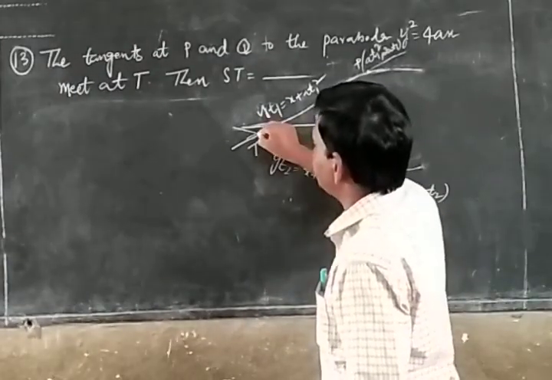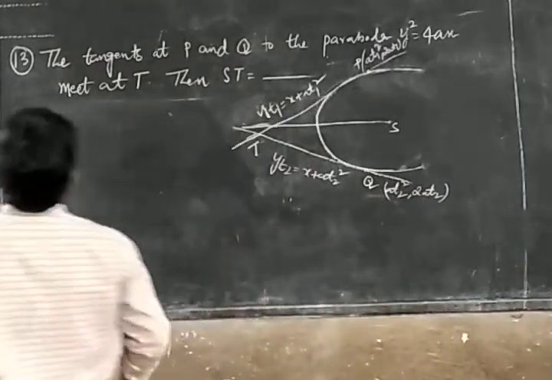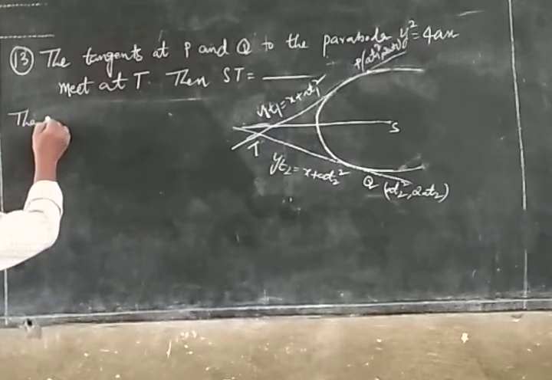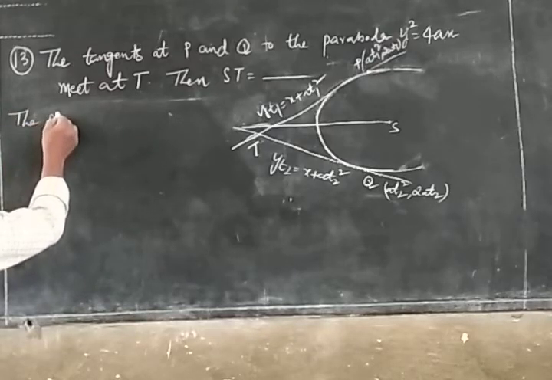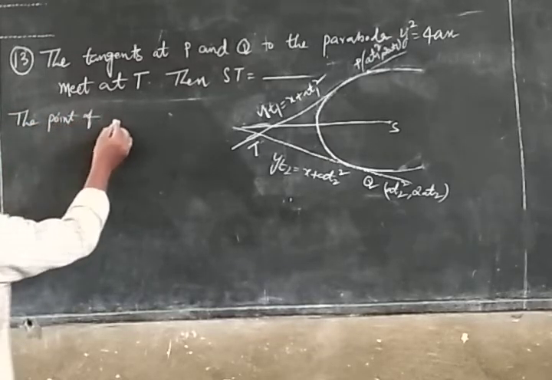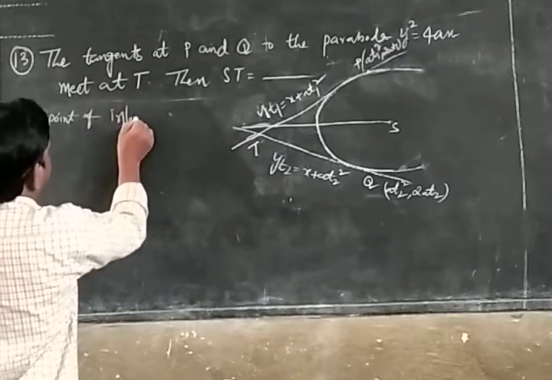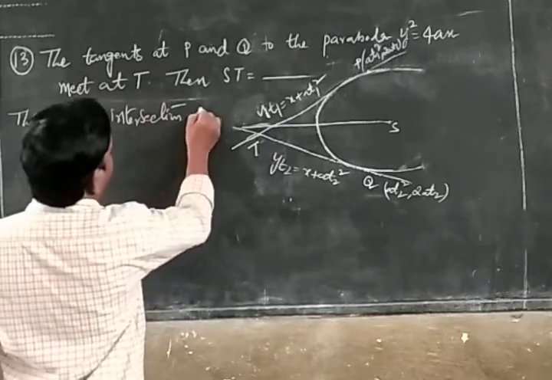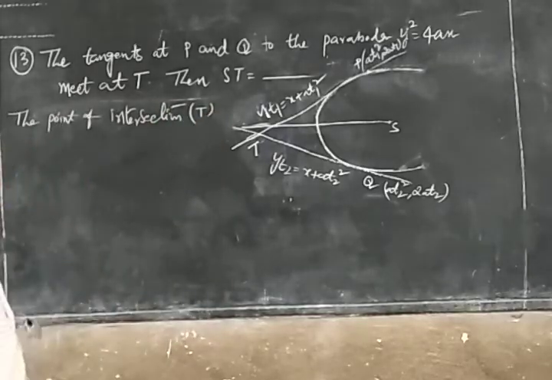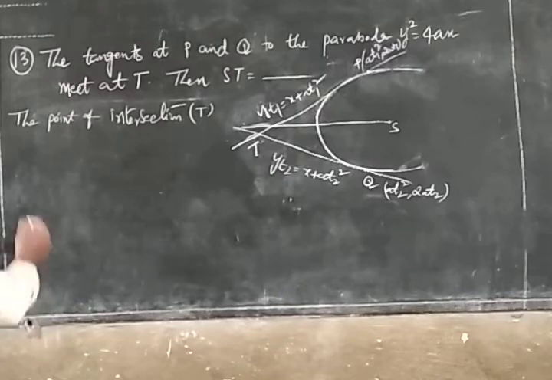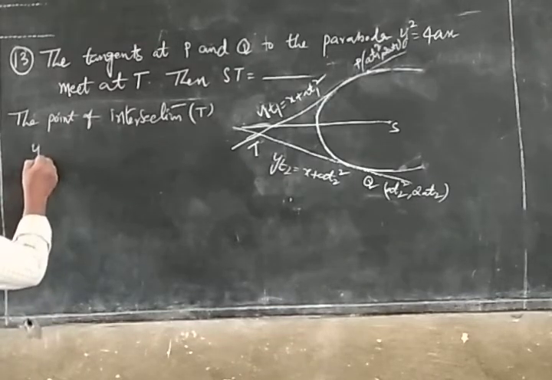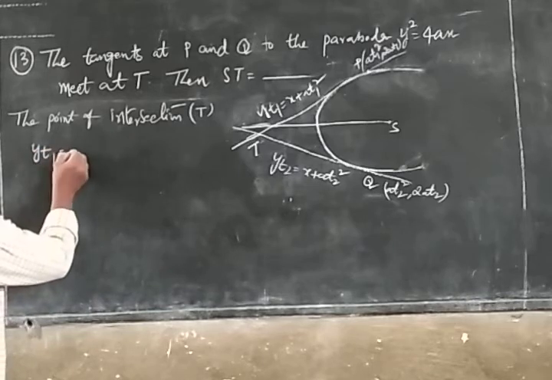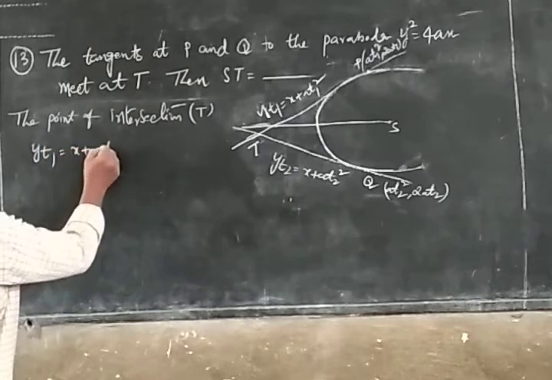The point of intersection T. Now here one of the tangents is yt1 equal to x plus at1 square.